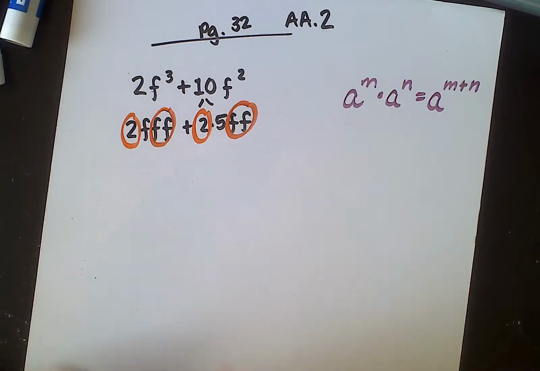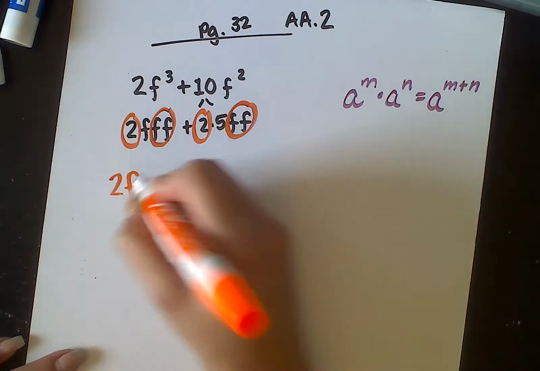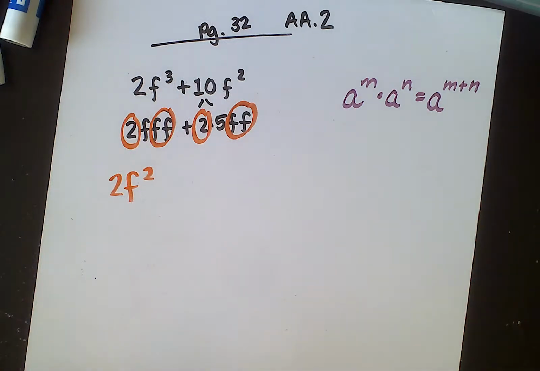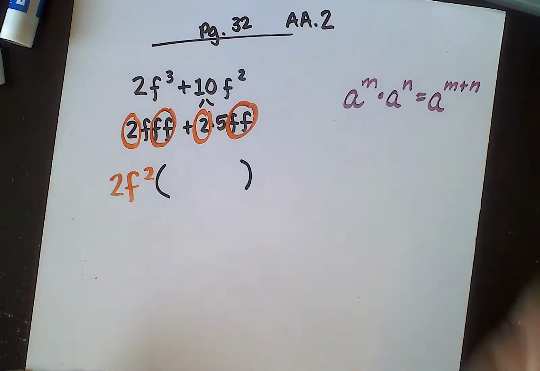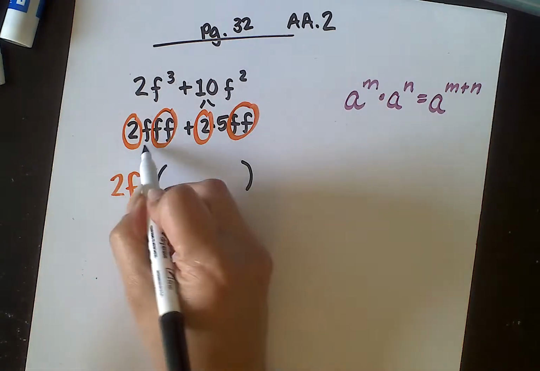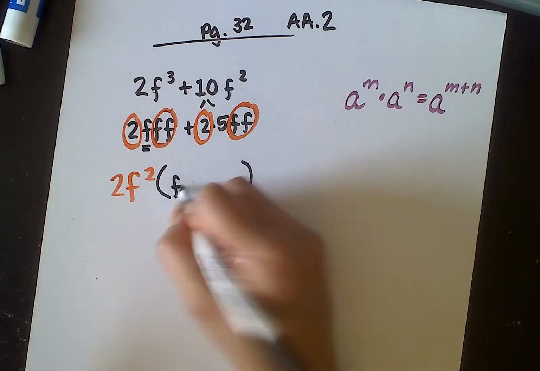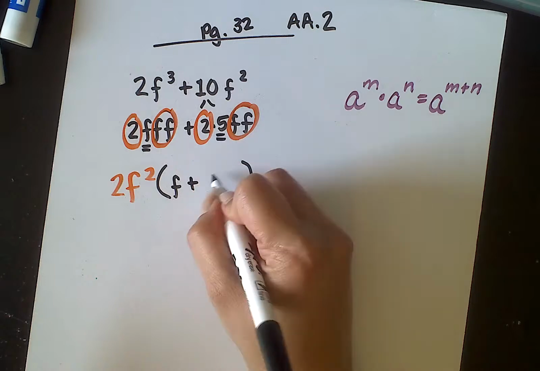So that means that my GCF is 2f squared. Okay. Now remember, on AA.2, we're doing factored forms. So what I have remaining is f plus 5.